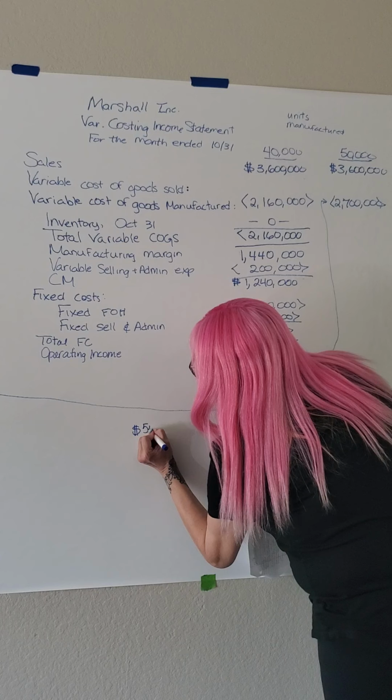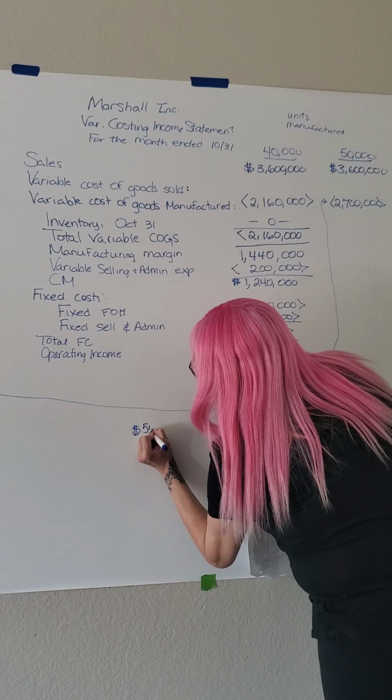So now we can multiply that by our 10,000 units in ending inventory. So we've got ending inventory 10,000 times 56.40, and so that comes to $564,000. So that we're going to put in here.